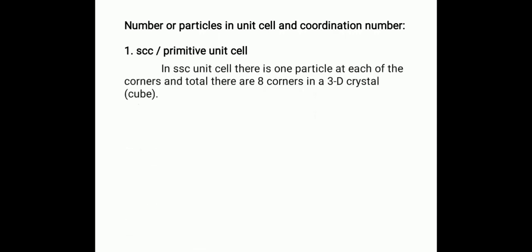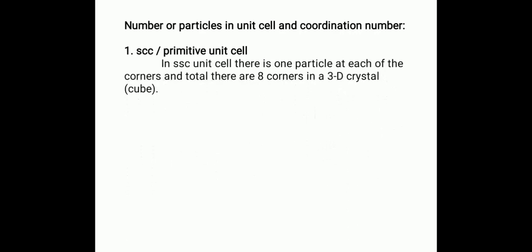First, number of particles in unit cell and its coordination number. First one is SCC or primitive unit cell. Now we know that in an SCC or primitive unit cell, there are particles present only at the corners in a three-dimensional structure.